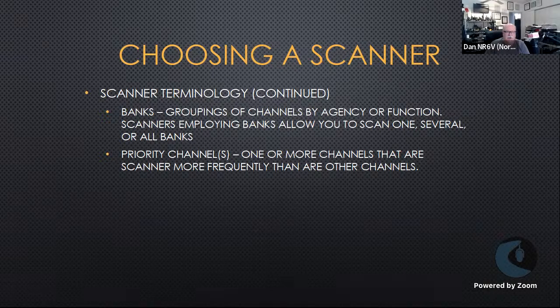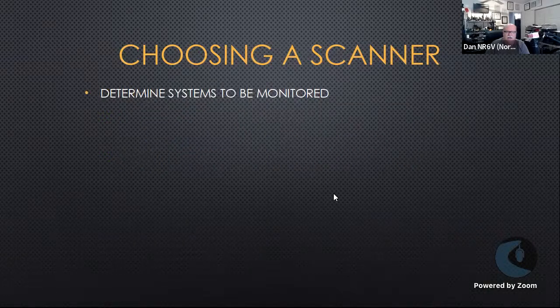So it's a memory management scheme. And then the last one I have here is priority channels. Most scanners allow you to have at least one channel that is scanned more often because that's more important to you. Some of the more expensive scanners allow multiple priority channels.